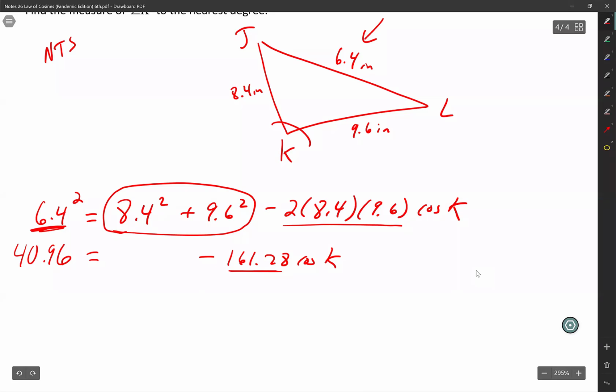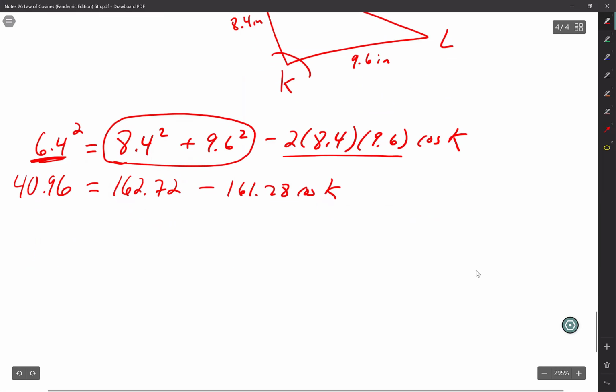Should be pretty close to 160. It was 162.72. Perfect. Yeah, that sounds correct to me.